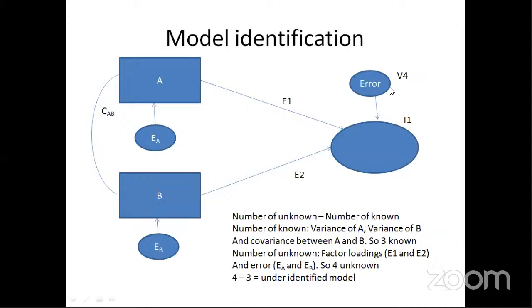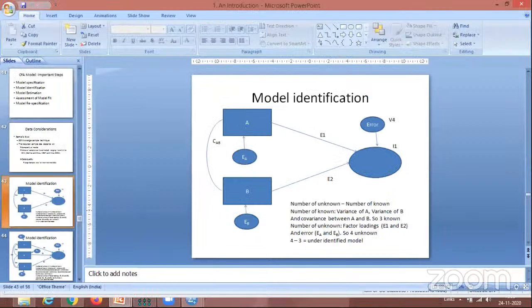Total error. Now I got it. This is what Amos has drawn by default, but this has not been drawn. Why is it not drawing, ma'am? Listen, let me complete. Why is Amos not drawing this by default? Because it does not know which variable you are going to make the last variable, and therefore it is not drawing it. Okay. So let's come back here.